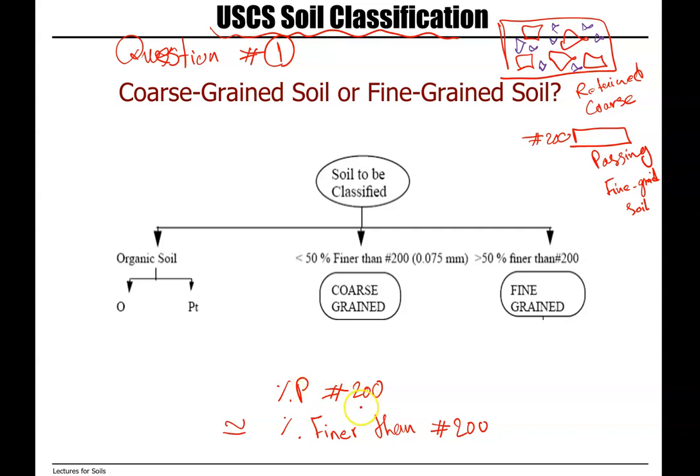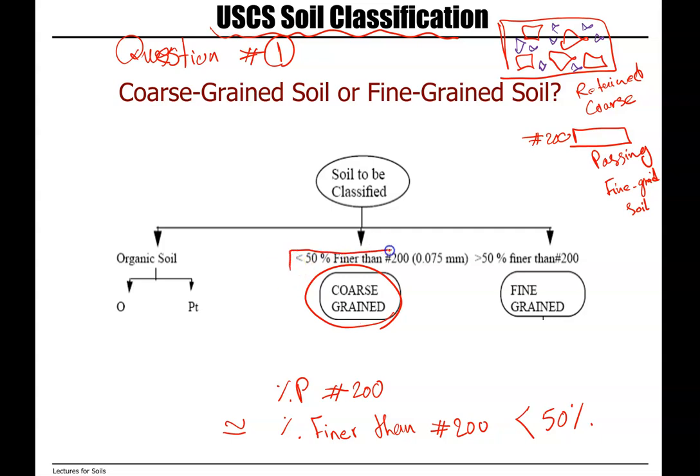So if percentage passing or percent finer is less than 50%, less than 50% pass through sieve number 200 means that we have more than 50% retained on number 200, which means that we have coarse material.